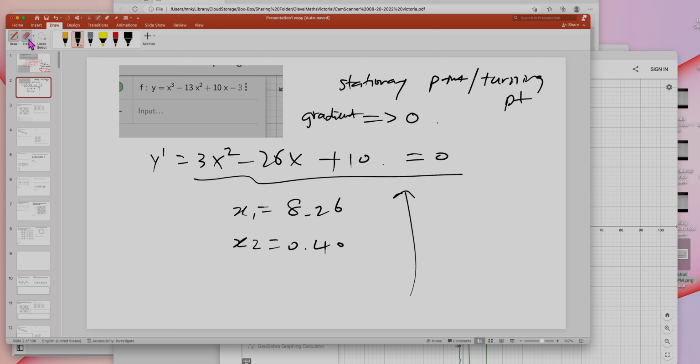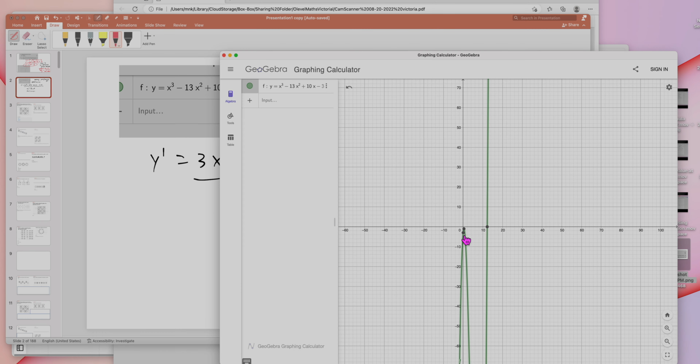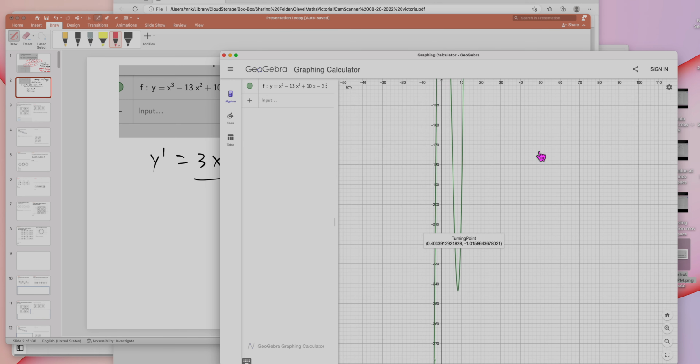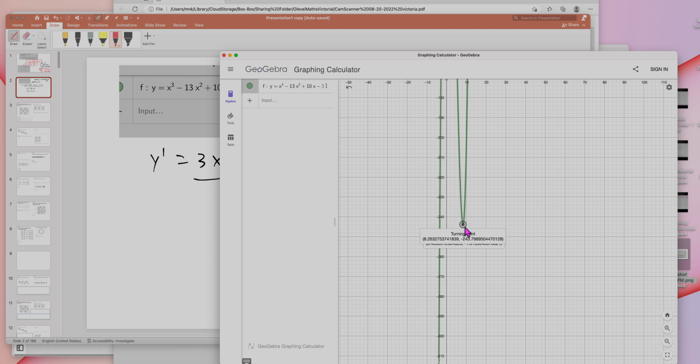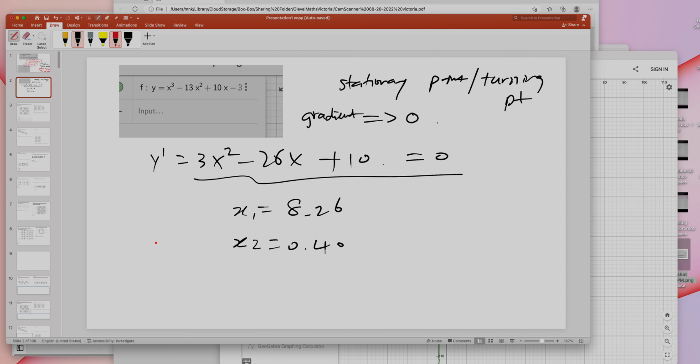So I think this is pretty accurate because you see here 0.4. Okay, pretty accurate. So now we want to ask ourselves whether this is max or min.